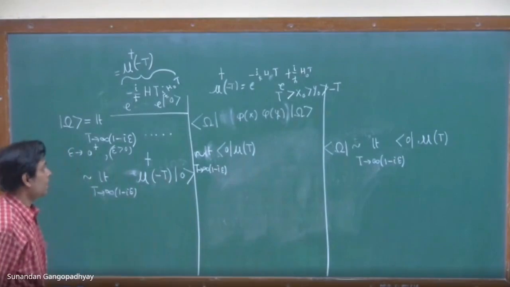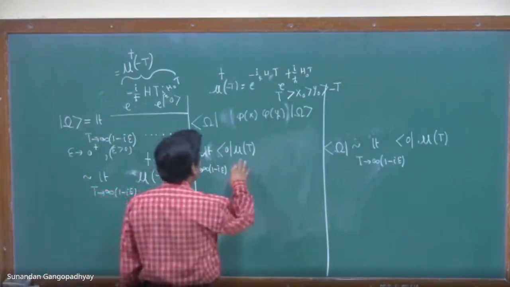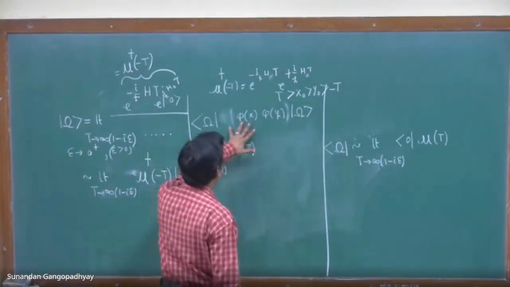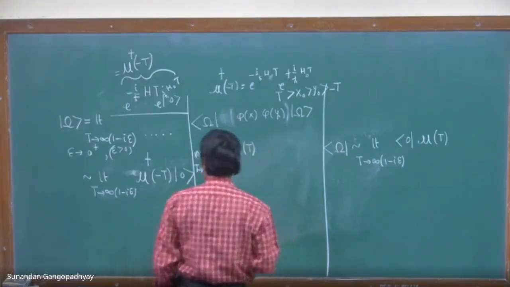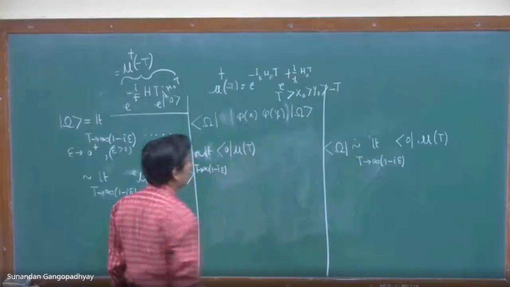Okay, so we have U_T, then we have phi x. Phi x we shall write down, so we have an expression for phi x. Can you tell me that expression?